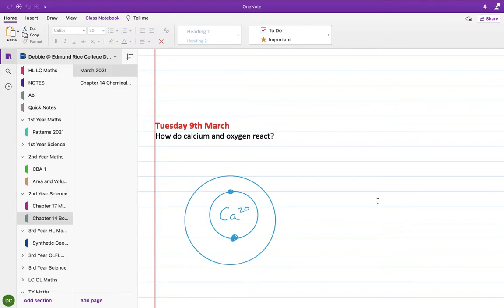Second orbital or shell contains 8. So 2 and 8 means I've done 10 now. So 8 in the next one. Oh, sorry. 8 in the next one. 10 and 8, so that's 18.